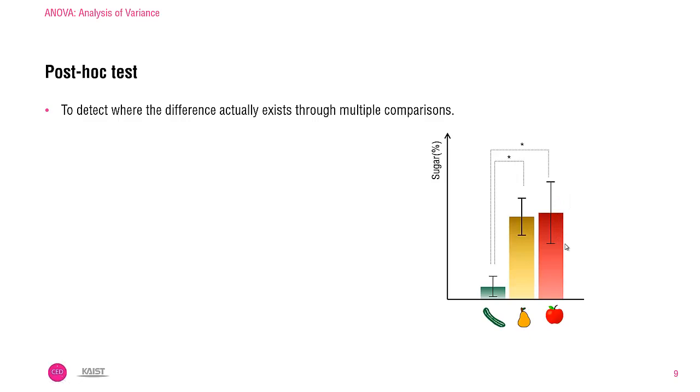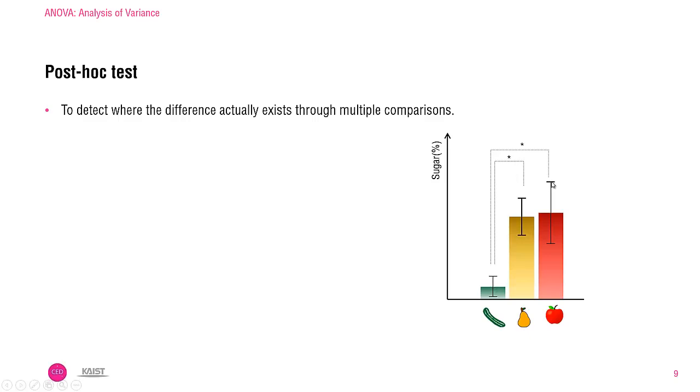And if you perform the between group one-way ANOVA test, the statistics might yield the significant mean difference. But the difference actually exists between cucumber and pear and cucumber and apple.